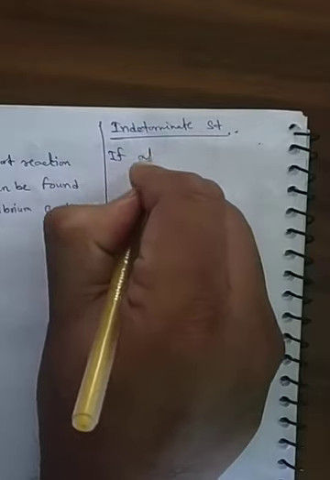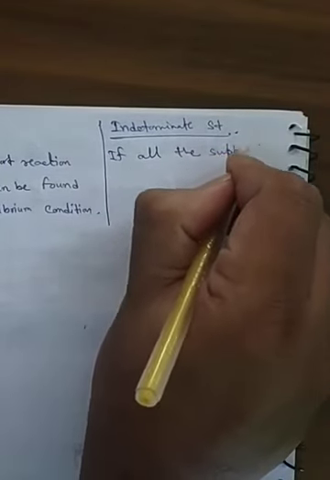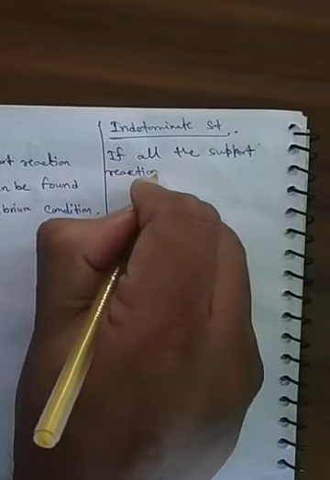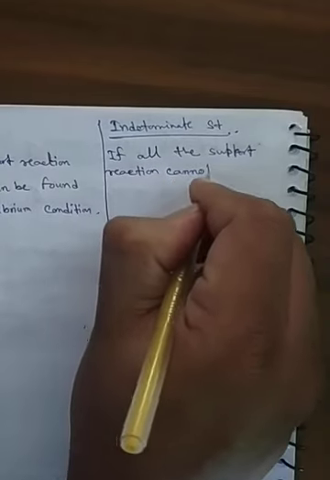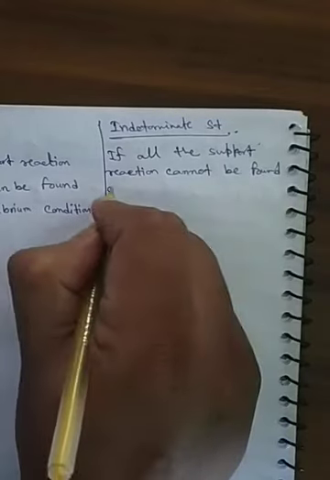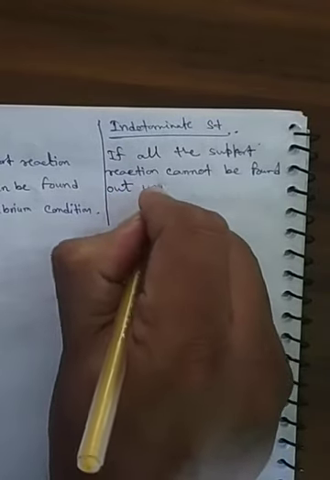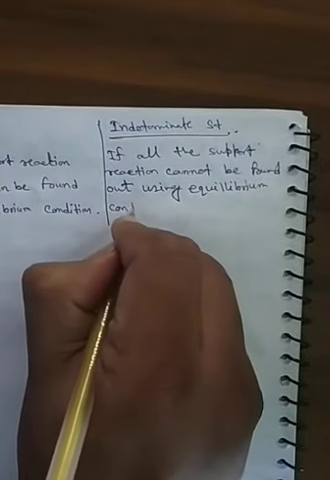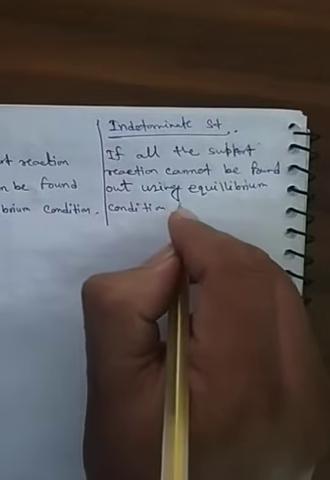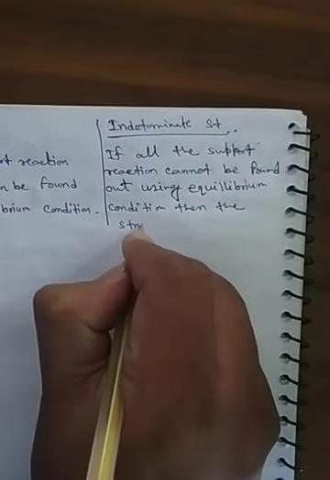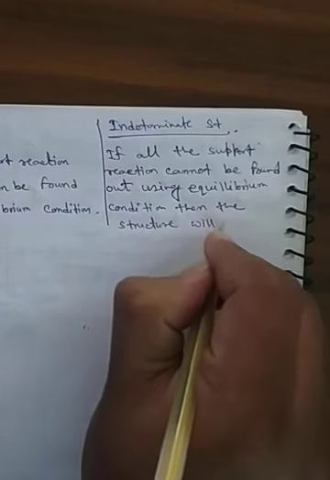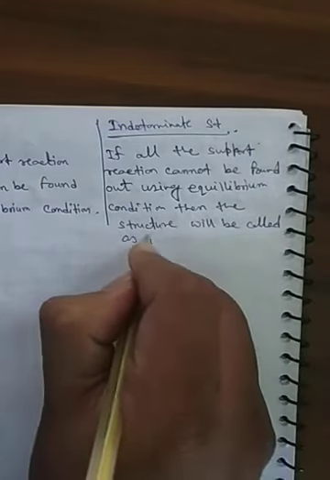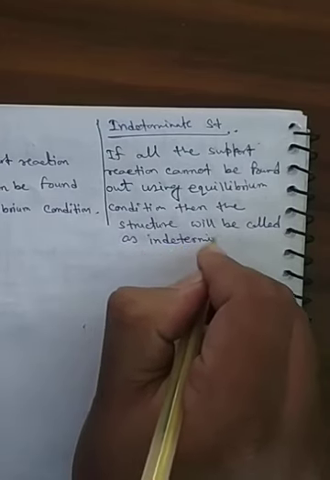If all the support reactions cannot be found out using equilibrium equations or conditions, then the structure will be called an indeterminate structure. So this is the difference between determinate structure and indeterminate structure.